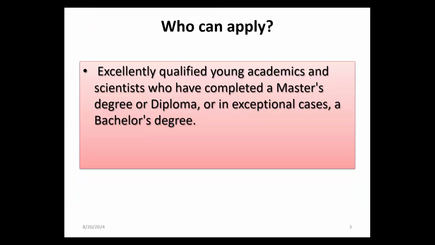So who can apply? Usually any excellent qualified young academics who have completed their master degree or diploma can apply, and very rarely, in exceptional cases, if you have a bachelor degree, but usually you have to hold a master degree to apply for this kind of scholarship. I will explain further regarding your degrees and certificates.